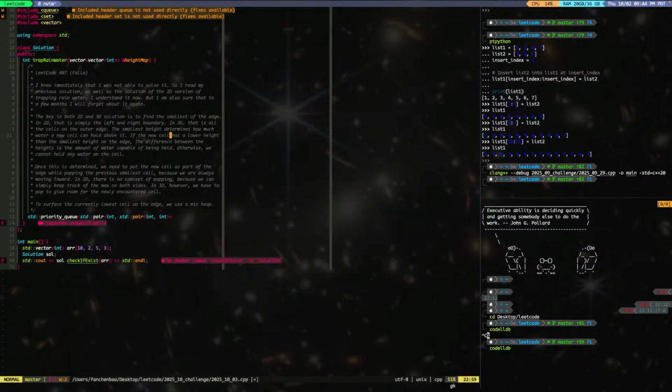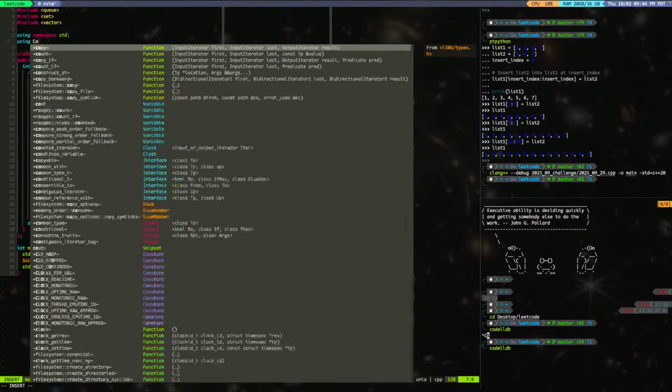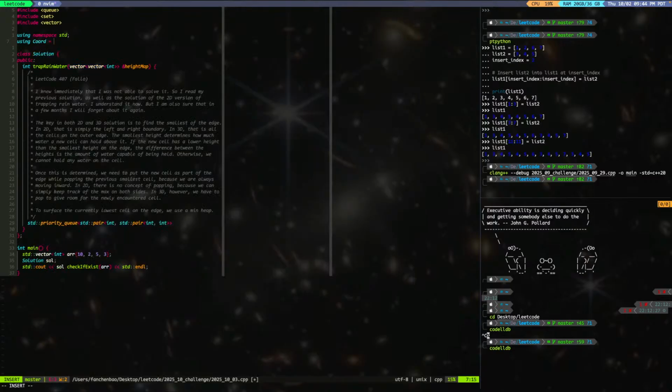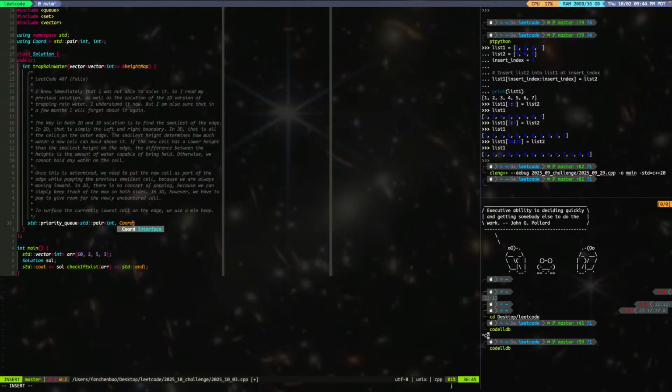We can actually make it easier by saying using coord = pair<int, int>. So now we can just say this is the int and coordinate min heap.